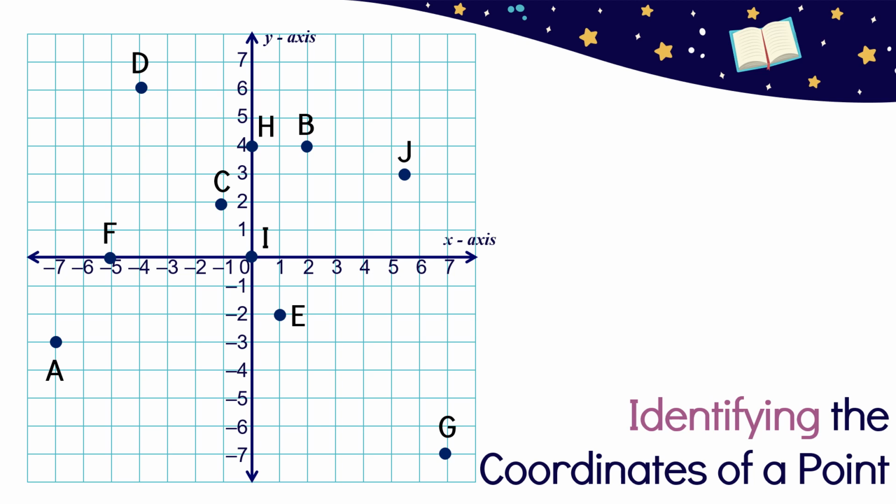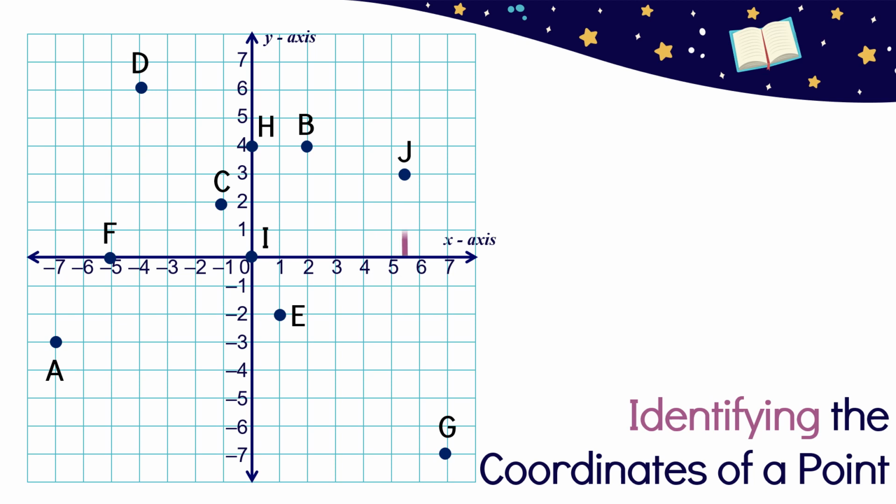How about the location of point I? Yes, that is 0, 0 since point I is already our origin. So lastly, let us have point J. As you would notice, point J is not plotted at the intersection of 5, 3, neither 6, 3.